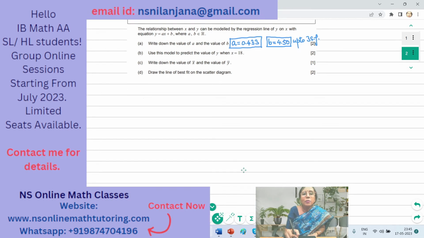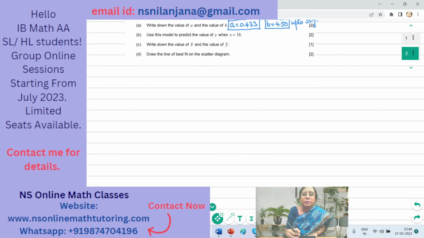So we come to part B: use this model to predict the value of y when x equals 18, 2 marks.